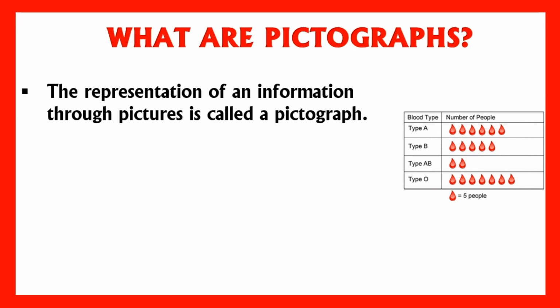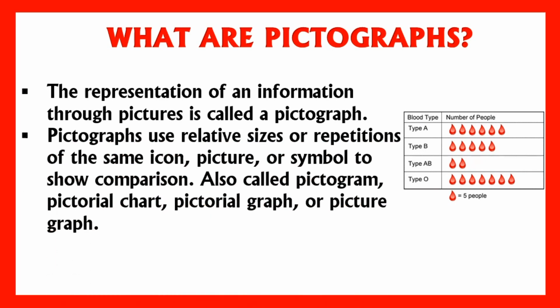It has a key: a drop is equal to 5 people. That means each one drop is equal to 5 people, right? Pictographs use relative sizes or repetitions of the same icon, picture or symbol to show comparison.